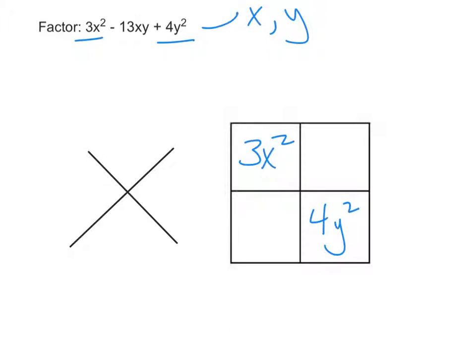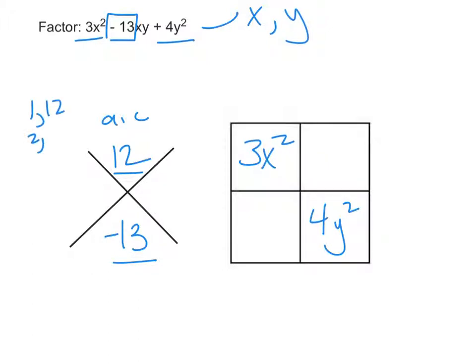Then the top of the x is going to be a times c, which in this case is 3 times positive 4, which is 12. And then our b term, which is negative 13, goes in the bottom. So now we're going to factor 12 because we want to find two factors that when we add them together give us negative 13. So we're looking at 1 and 12, 2 and 6, 3 and 4.